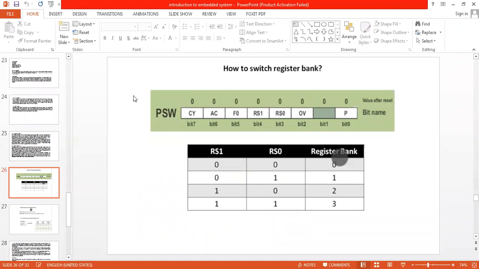I think you have come across this in computer organization. This register is updated whenever any arithmetic and logical operations are executed.